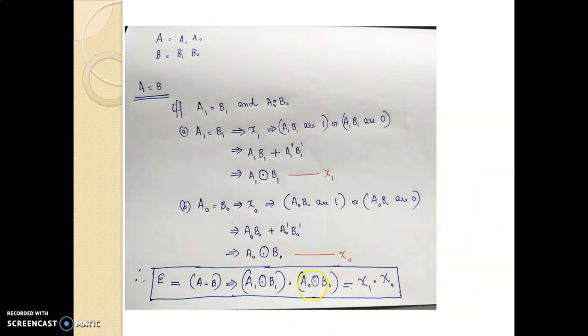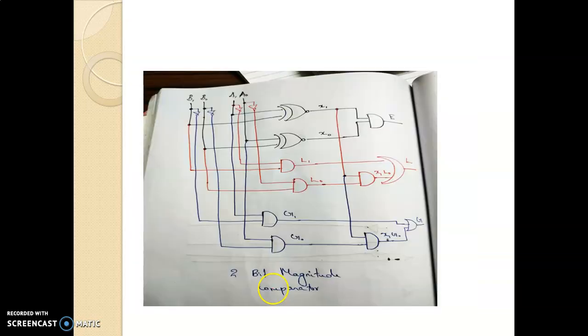Here X0 is A0 XNOR B0 and X1 is A1 XNOR B1, and X0 X1 will give you E, that is equal to. Similarly, you can get L as L1 plus X1 L0, and G can be obtained as G1 plus X1 G0. Hope that is clear for you.